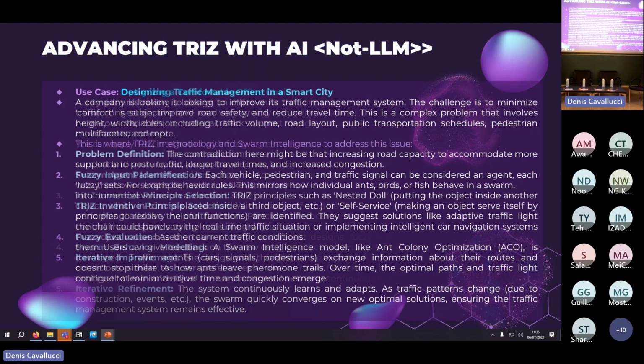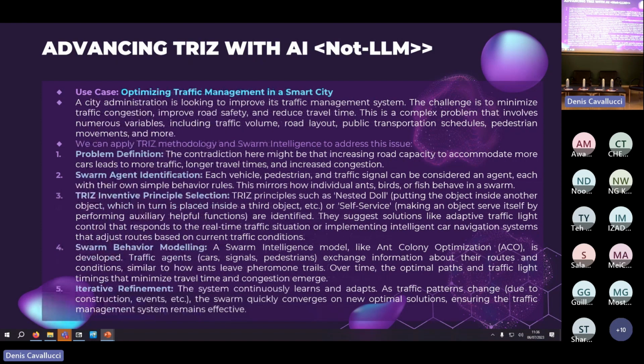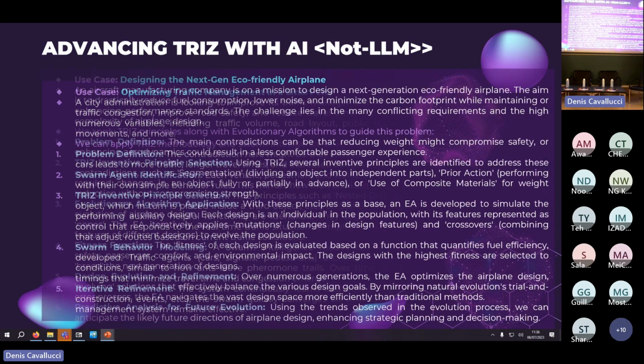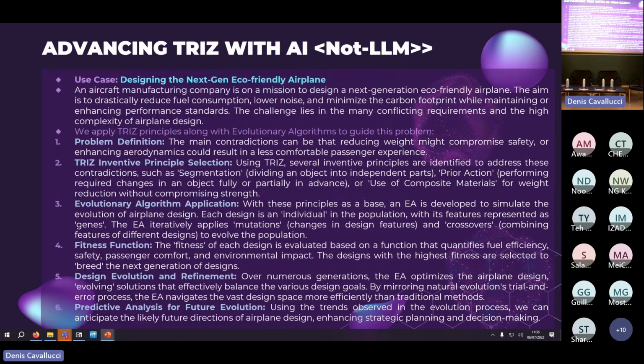Or in this case, how we can use swarm intelligence with TRIZ to optimize another problem, the traffic management in a smart city. We ran several projects on smart cities in Cluj IT cluster, which I'm also leading, and there we applied this for solving a problem in one of our cities, or to design the next generation of an airplane, but in this case using an evolutionary algorithm in combination with TRIZ.